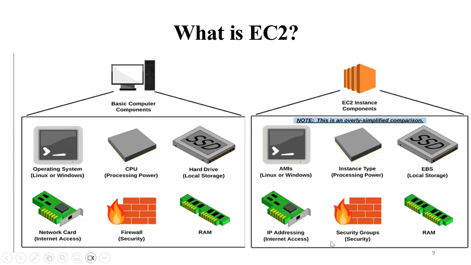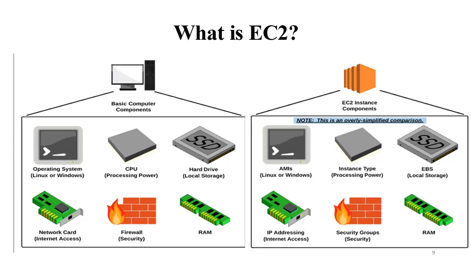Whenever I use the keyword security group, just think of it as a firewall. Yeah, so these are all important inputs which we need to use while launching the virtual machine using AWS EC2.